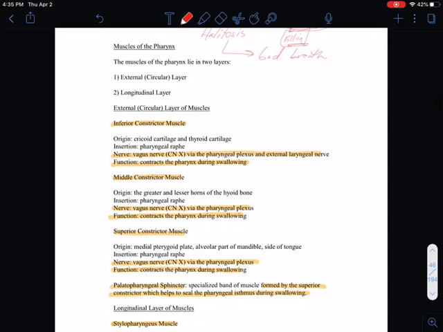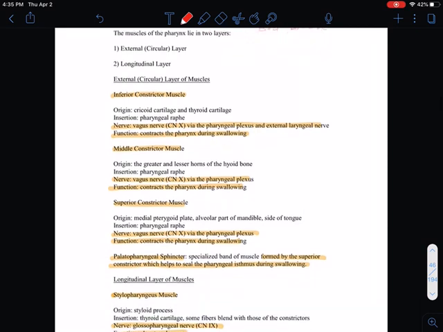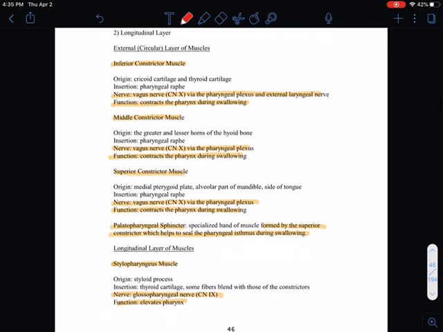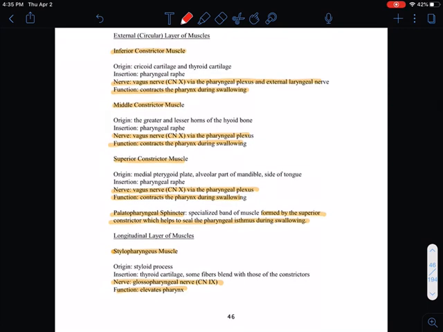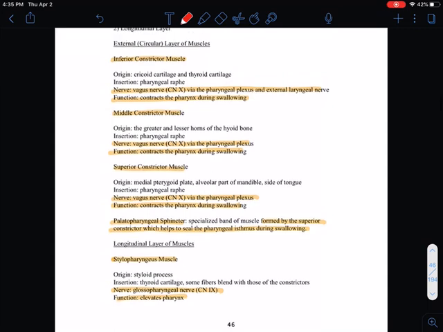So, muscles of the pharynx: we have two layers, an external circular and a longitudinal layer. We'll go through our external layer of muscles first. Again, we're thinking nerve and function when we see muscles. All of the muscles of our external layer have vagus innervation.